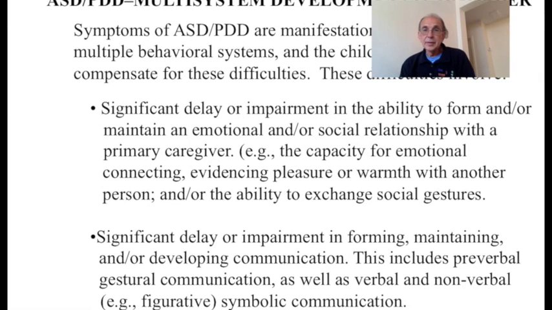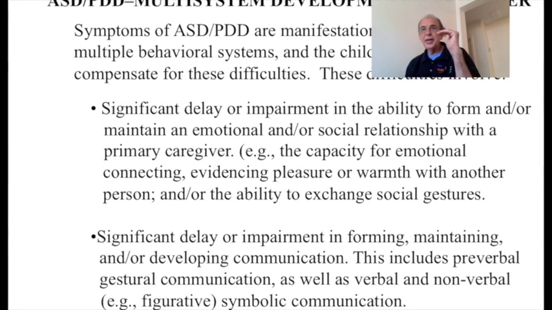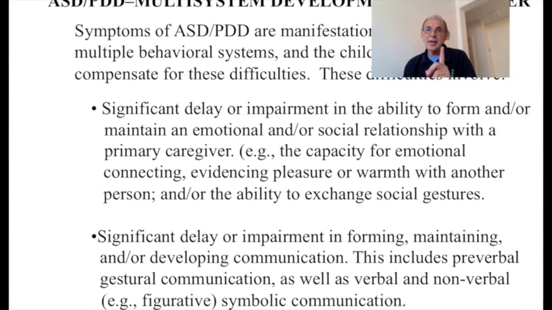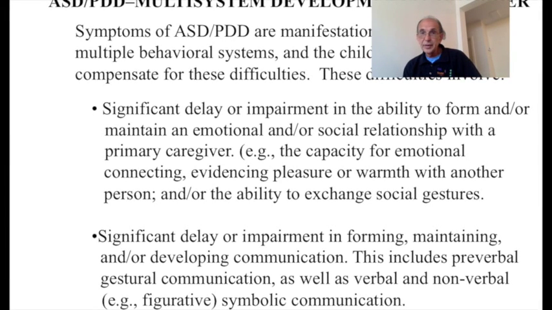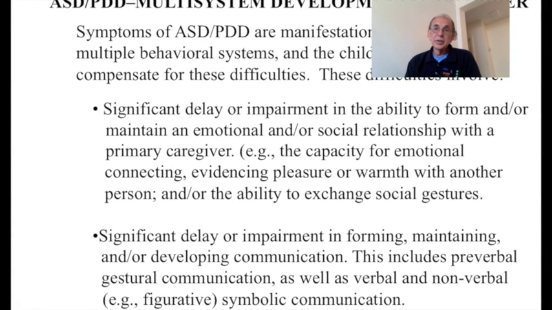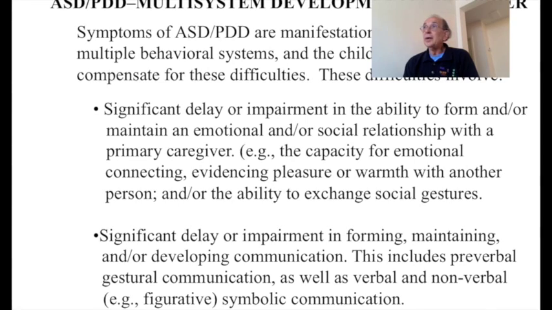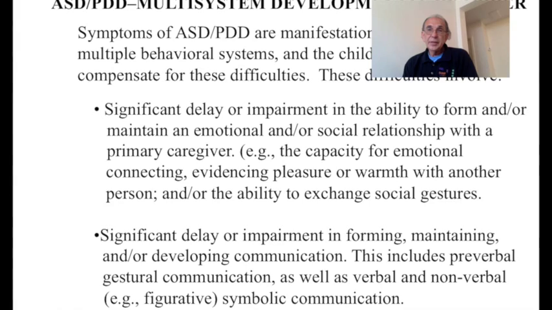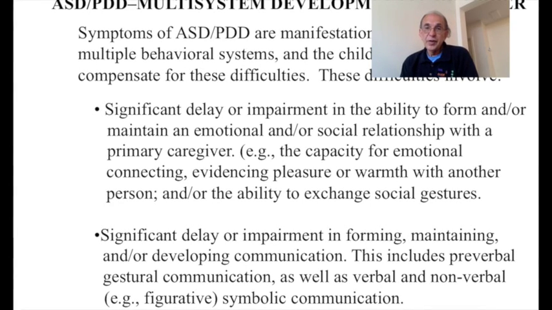the symptoms of autism are really a function of a number of behavioral systems that are affected by the syndrome, and the child's effort to compensate for the problems that they are having. So many of the unusual things kids seem to be doing, which tend to be labeled stereotypic, dysfunctional, unusual, many of those behaviors actually have a function attached to them.